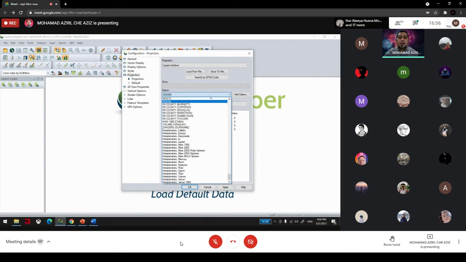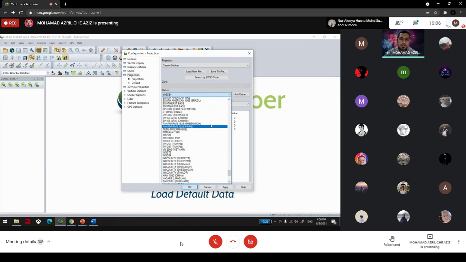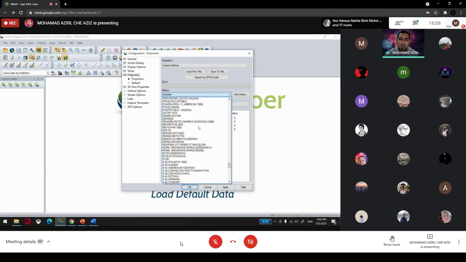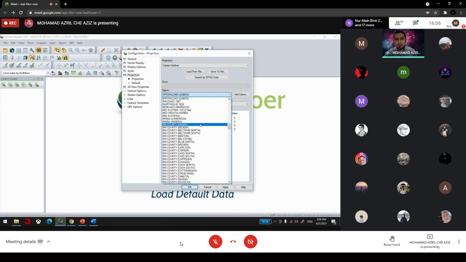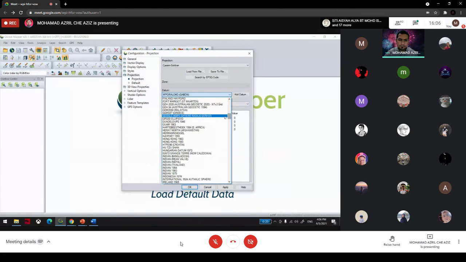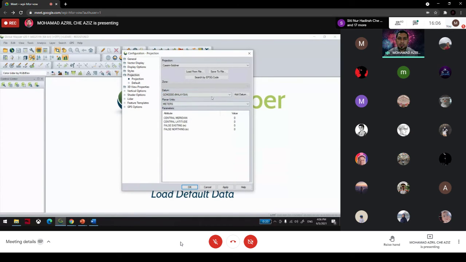And then your datum. For Cassini Selangor, for example, you use the old datum, MRT. For example, datum GDM 2000.